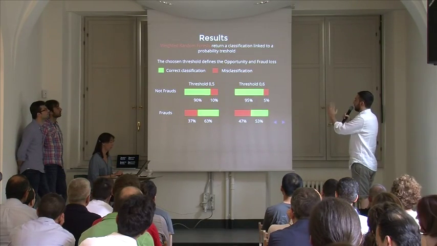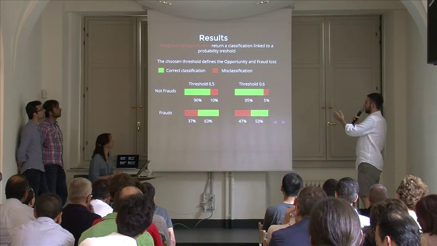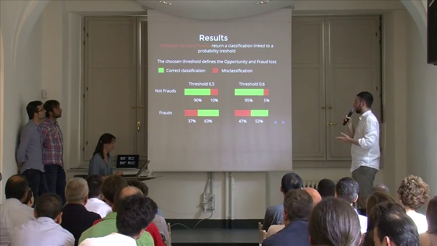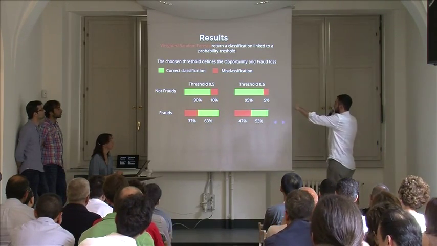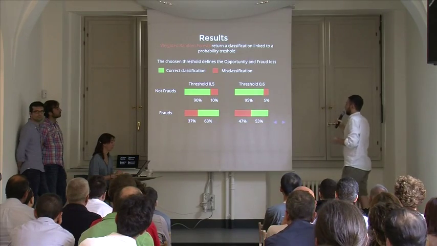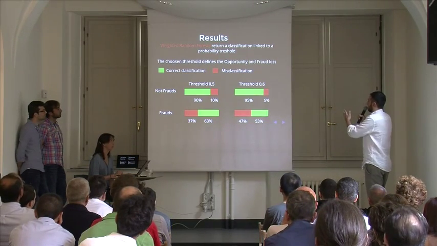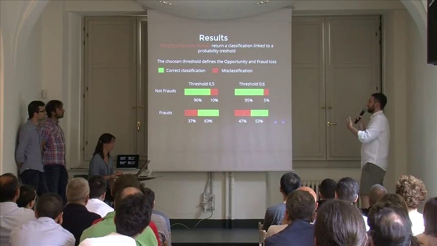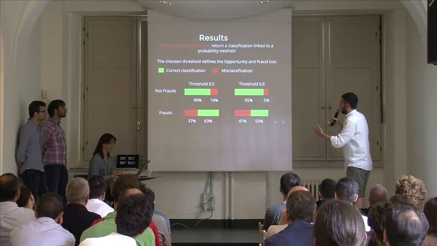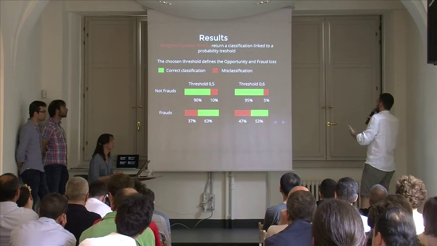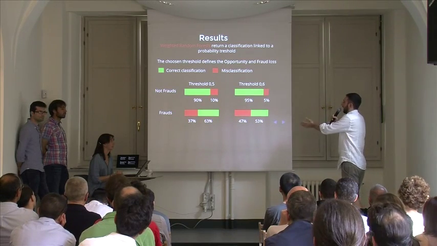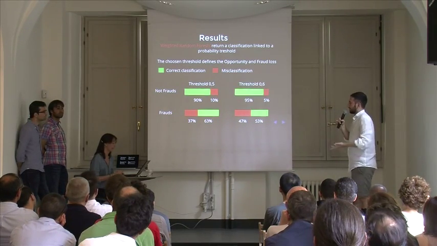Green boxes mean correct classification, red ones mean misclassification. We have two thresholds, one equal to 0.5 and the other equal to 0.6. If the algorithm returns a probability of 0.7, you are a fraud, otherwise you are not a fraud.